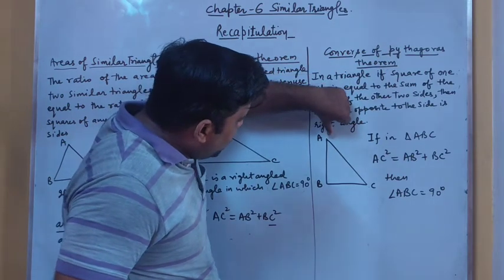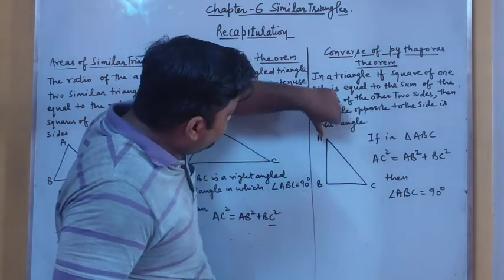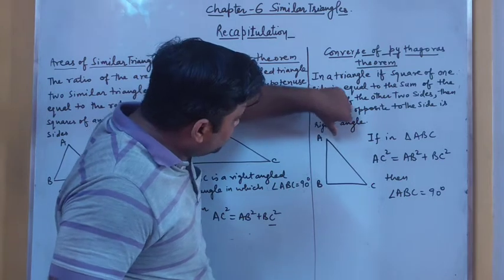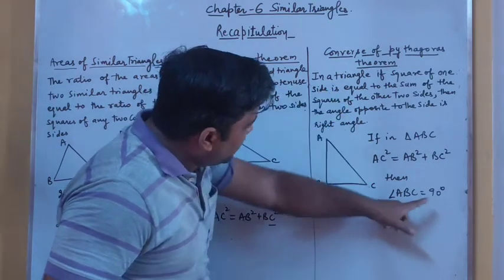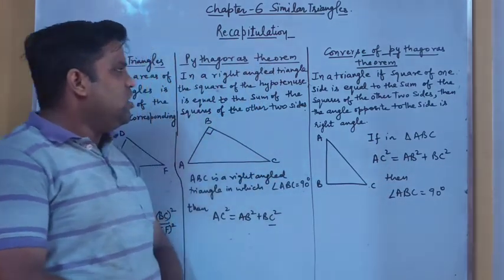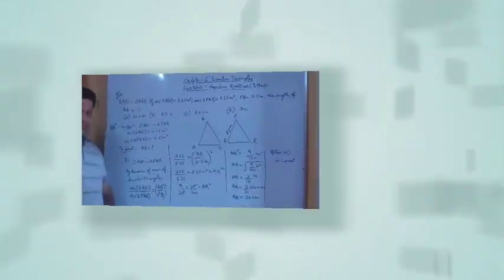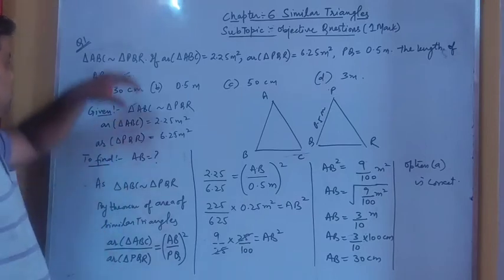Here the angle opposite to AC is angle B, so angle ABC will be 90 degrees, which is the actual meaning of the converse of Pythagoras.